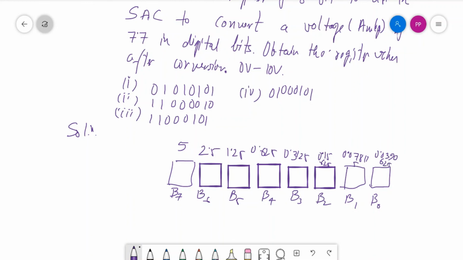So these are actually the voltage divided by 2. So 5 divided by 2 is 2.5, divided by 2 is 1.25, like that we go.